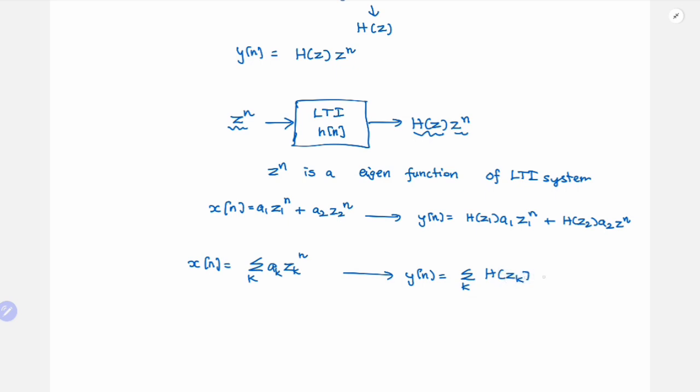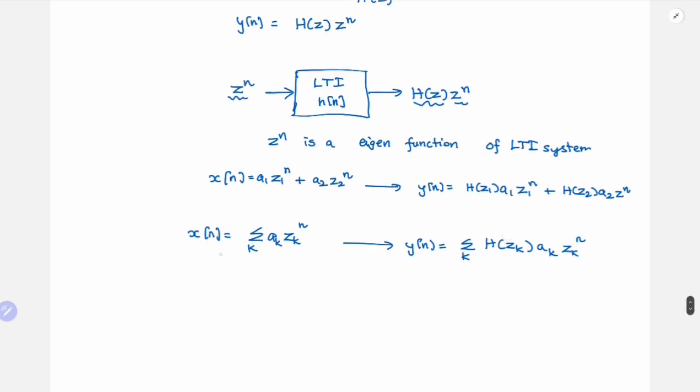So it will be h of z k a k z k power n. So this we get as a simple response, correct? So it is very easy to analyze an LTI system when we can represent inputs in the form of a sum or linear combination of complex exponentials.